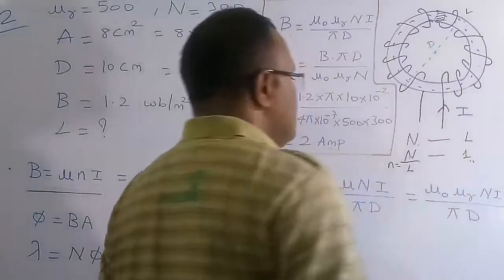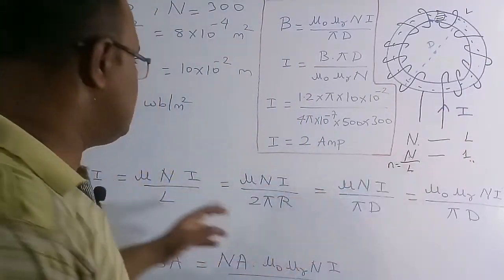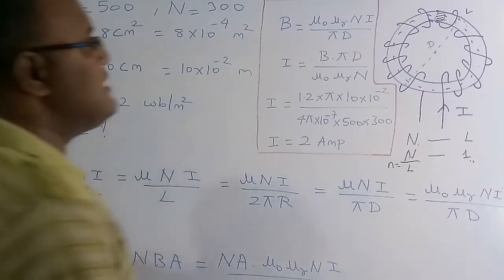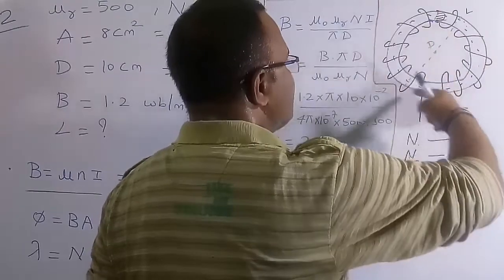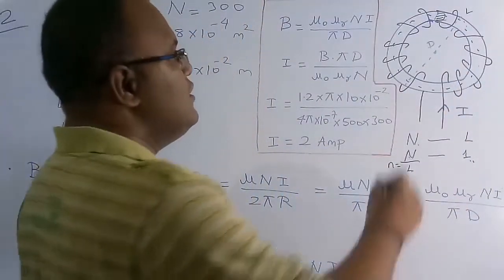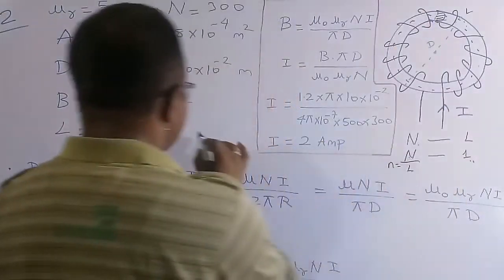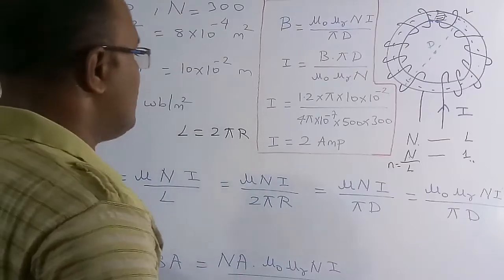Therefore small n is equal to the total number of turns per total length, which is capital N by L. So what is this total length? The total length is the circumference of a circle. The circumference of a circle is equal to 2 pi r, but 2 into r is the diameter.